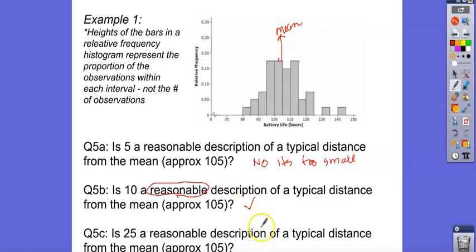How about 25? Are most of them 25 away? If this is 105, 25 is way over here. I don't think that's typical. I think it's too big. I think that 10 would be a reasonable description of a typical distance from the mean.